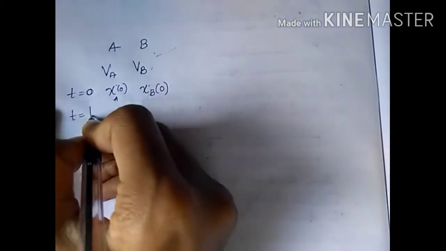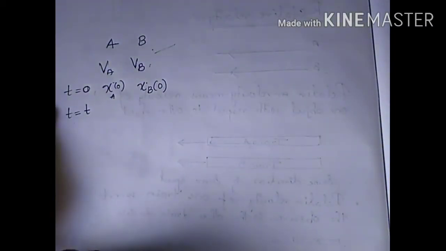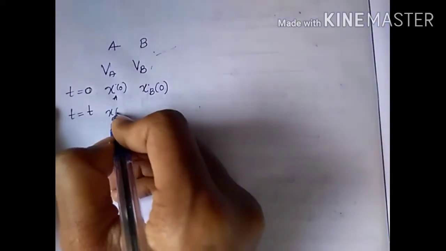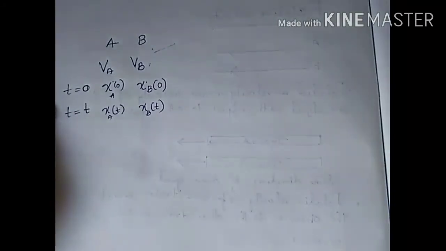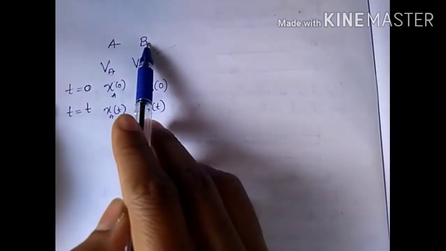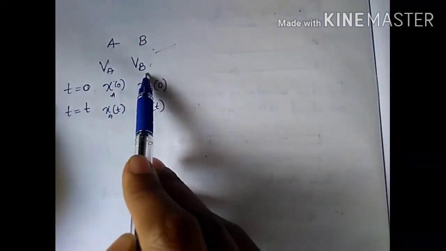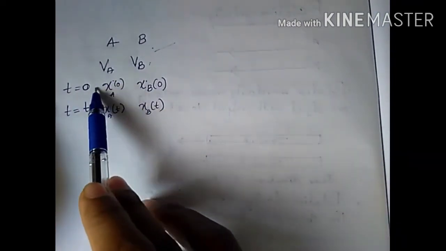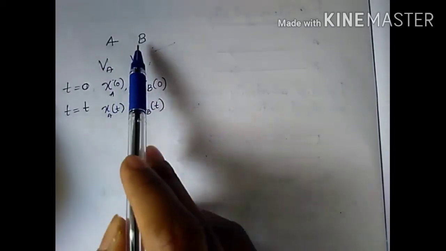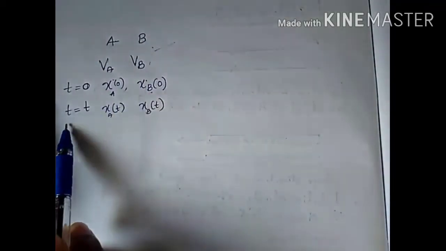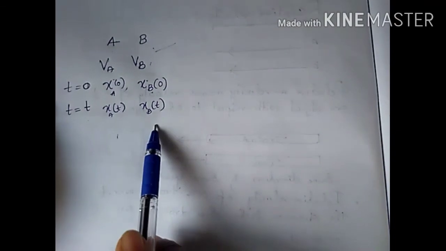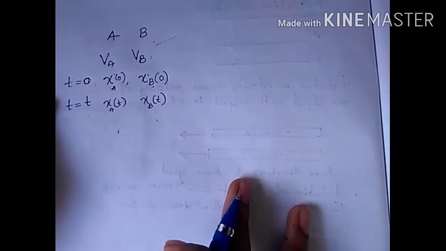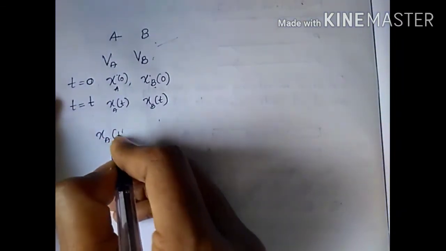At time t, the position of A will be xA(t) and the position of B will be xB(t). So now from this data we can write the following.